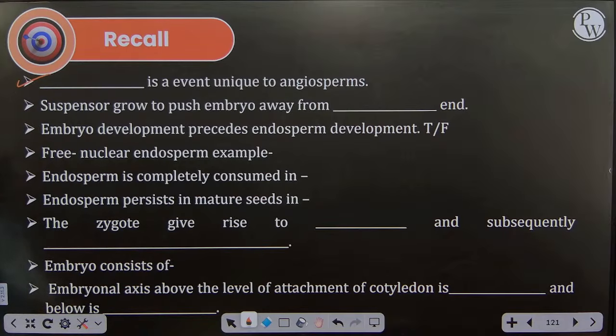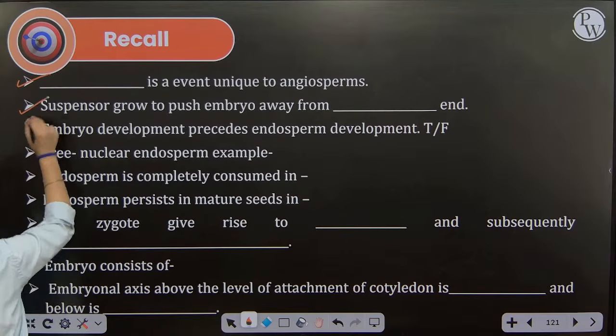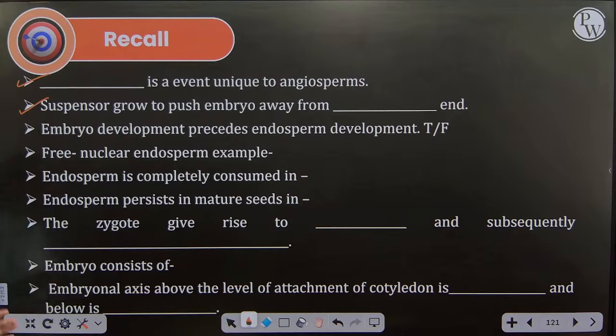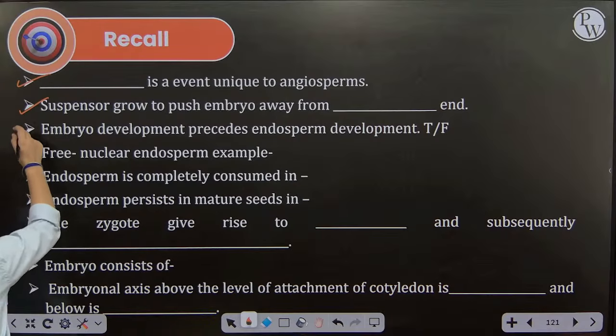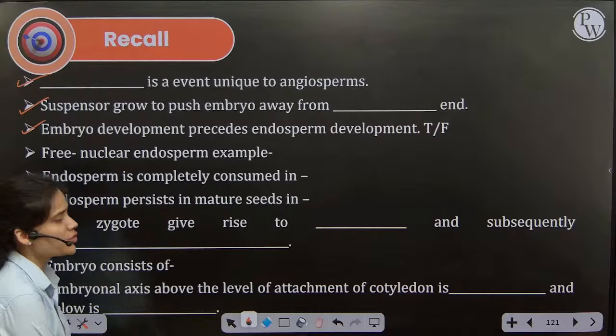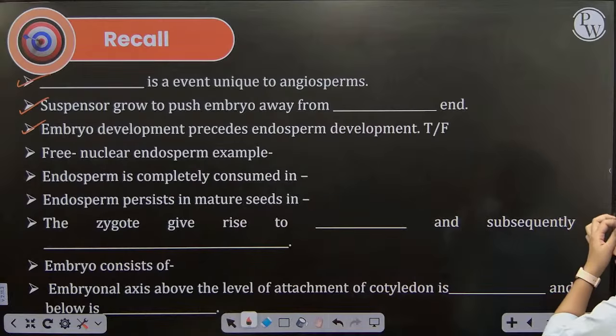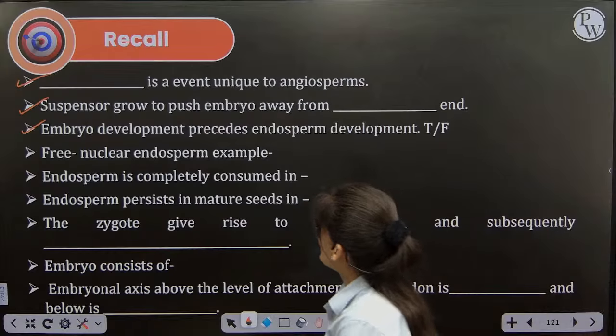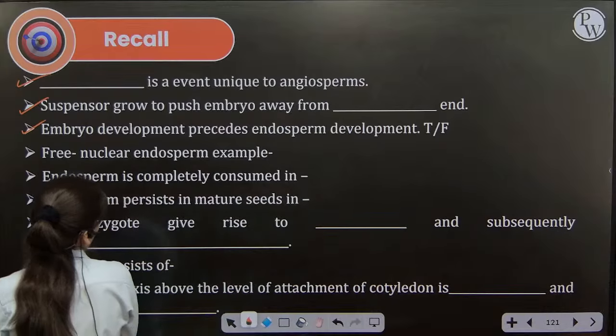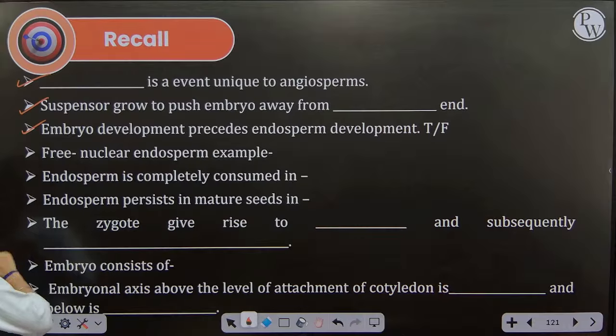Double fertilization is an event unique to angiosperms. Suspensor grows to push the embryo away from which end? Away from the micropyle end. It helps in pushing the embryo towards the endosperm. Embryo development precedes endosperm development. Is this statement true? No.